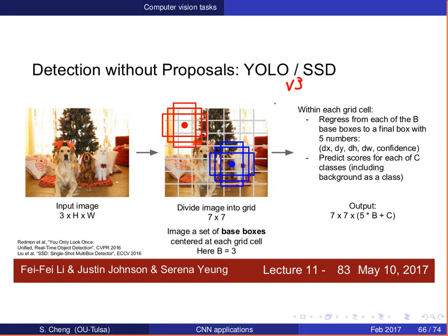Basically, if I briefly look into the paper, they mention that they are still not as good as the RCNN that I will mention later on, the other approach, but they are as good as SSD and also much faster.